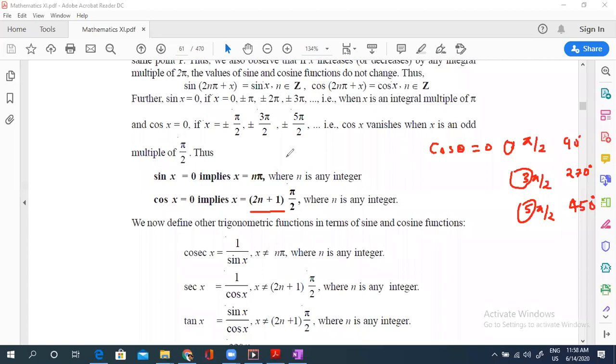Because if you have to take an even number, we will take 2n. If we take an odd number, we take 2n plus 1. If we take any number, we take n. Got it?